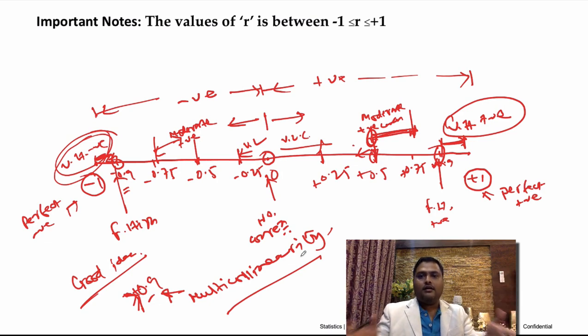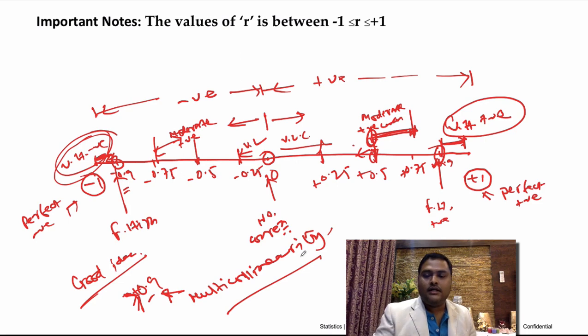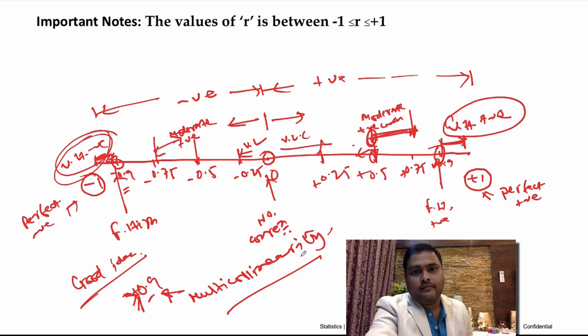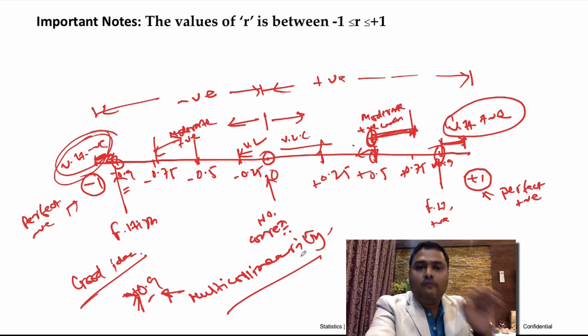This range tells us whether it is moderately positively correlated, fairly highly correlated, negatively or positively, a perfect positive or perfect negative correlation, or whether the variables do not have any kind of relationship if you are getting the value of r equals 0. This gives a very important idea about correlation analysis and the value of the correlation coefficient.